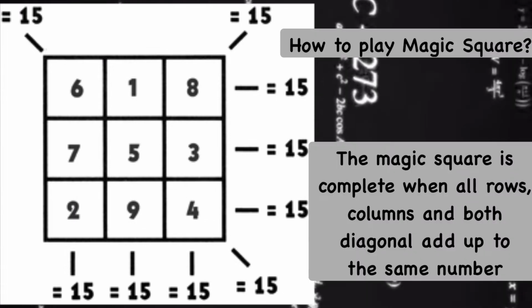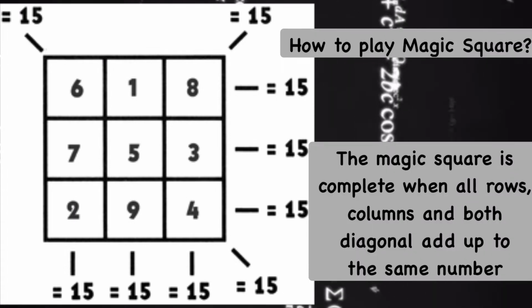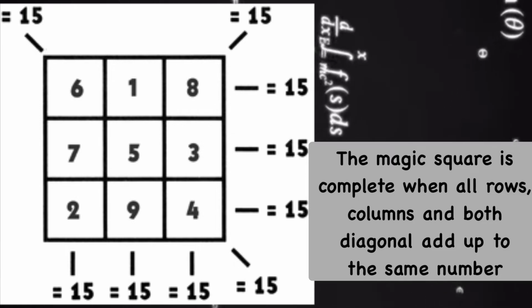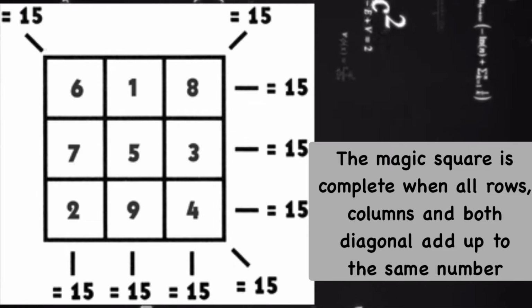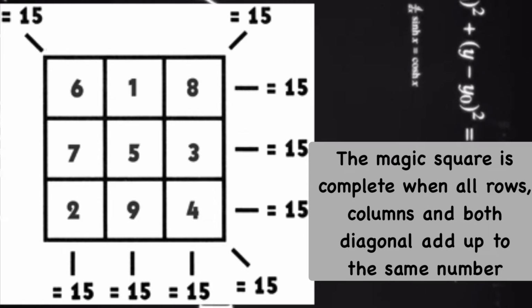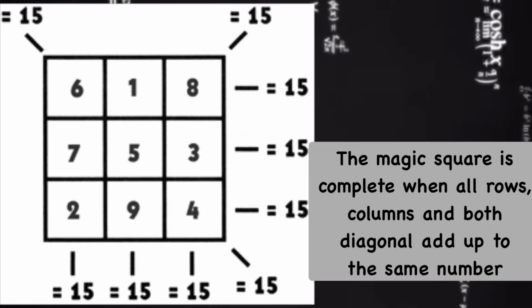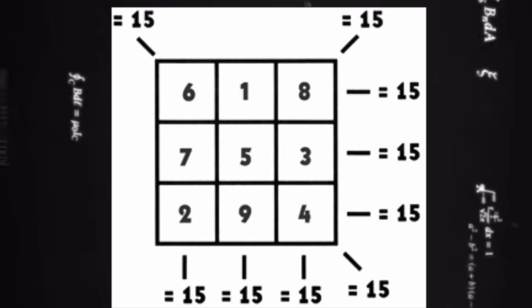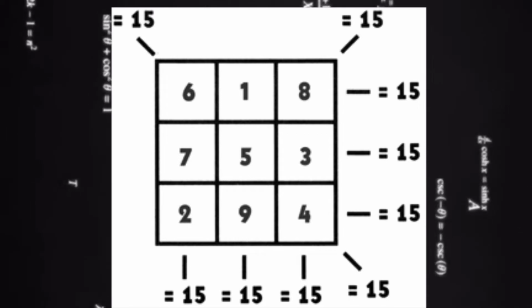Like most of my favorite math games and activities, the rules can be summed up in a sentence or two. Take a 3x3 box like the one at right and fill it with the digits 1 to 9, using each digit only once. The magic square is complete when all rows, all columns, and both diagonals add up to the same number.